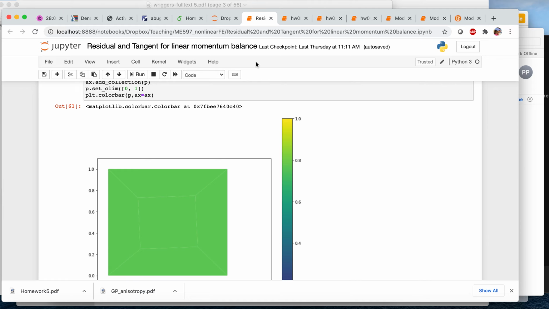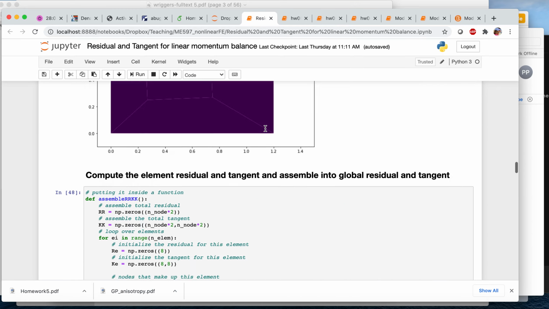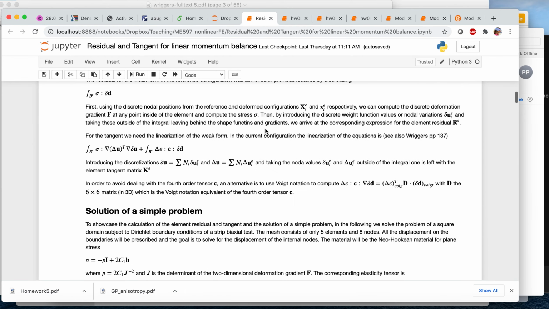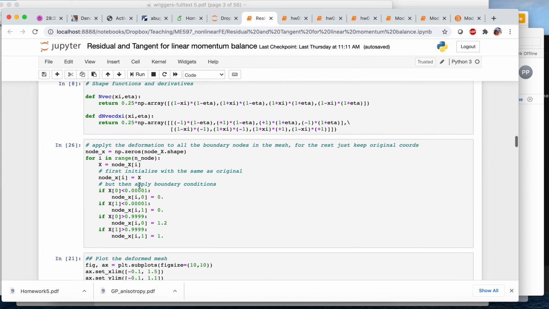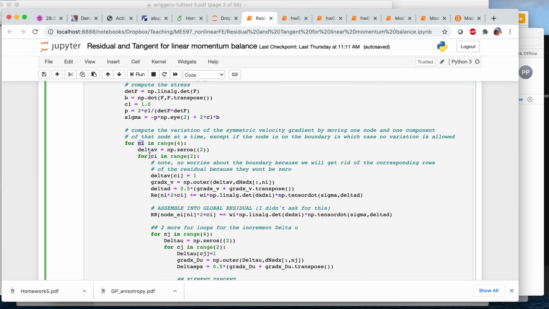And yeah, I would suggest to very slowly go over the code and then compare to the formulation of the residual and the tangent. And again, the key point is that if you plug in the discrete variation and the discrete increment and you take out the nodal values and you're only left with the shape functions, that is the same as what I'm doing here, which is I'm looping over nodes and looping over the coordinate.